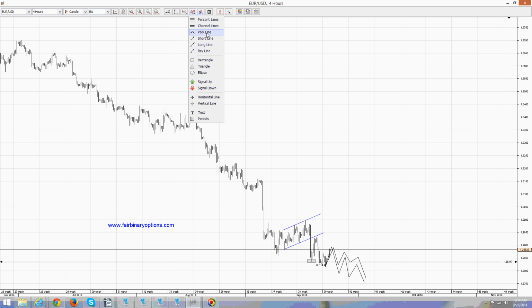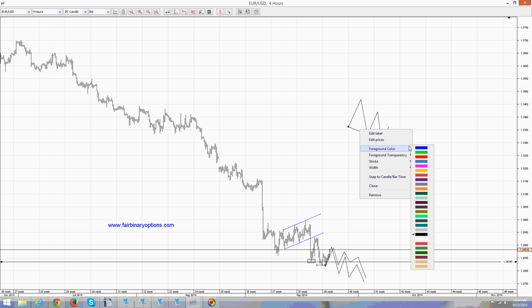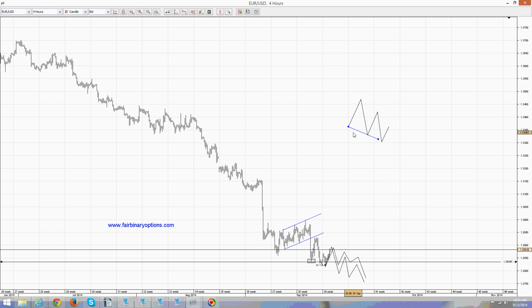A of the triangle. Any contracting triangle travels within 5 different legs labeled with letters, so it will be something like A, let's say B, C, D, E. This will be the contracting triangle. It travels within the A and C and B and D trend lines here, like this.